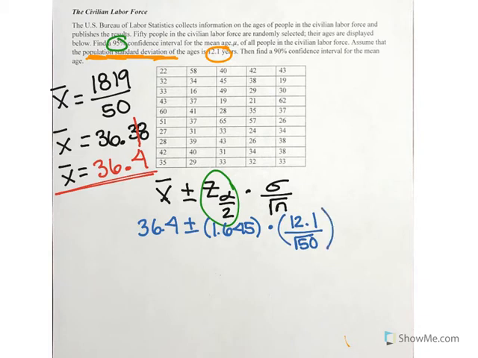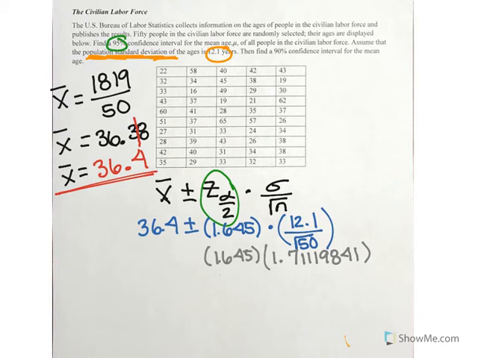So again, 12.1 divided by the square root of 50, you would have that same 1.71119841 number, but this time you're going to multiply it by 1.645.